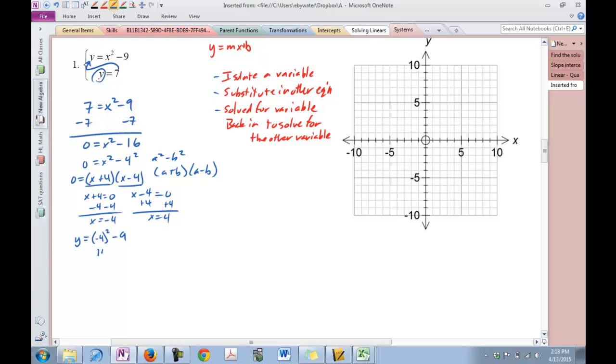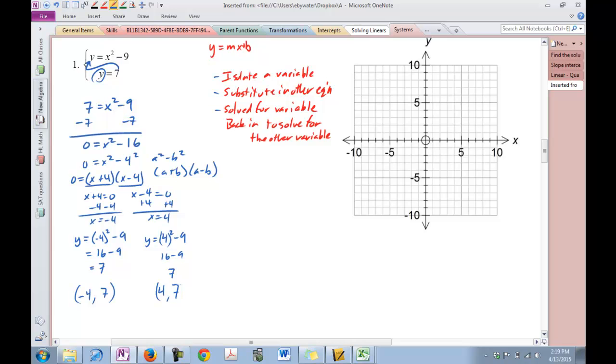Negative 4 squared is 16, and 16 minus 9 is 7. So when x was negative 4, y was 7. I do a similar thing with the 4, and hopefully you'll recognize I'm going to get the same thing there. Again, 16 minus 9, which is 7. So when x was 4, y was 7.